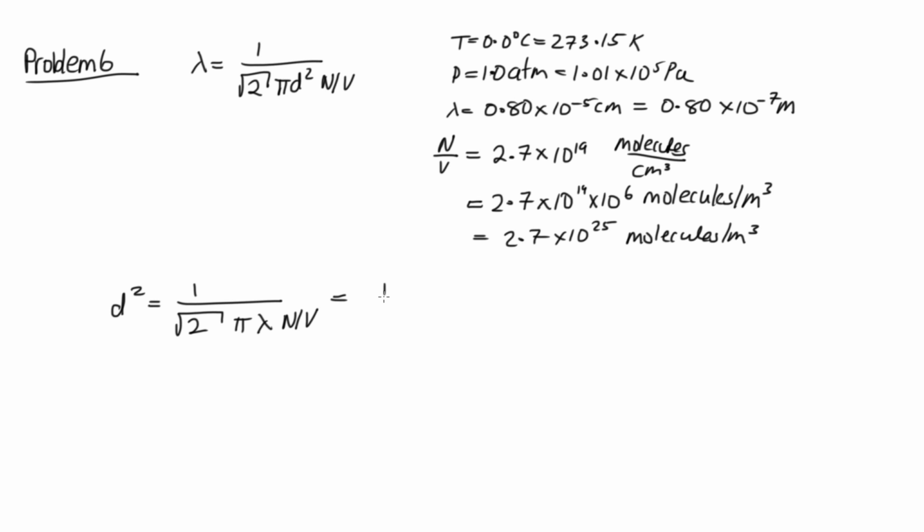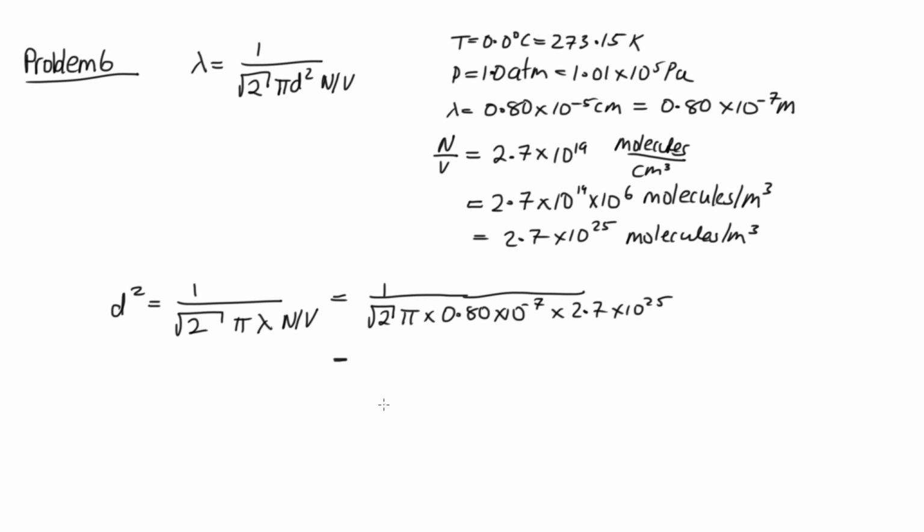So now we can just substitute in. So it's 1 on root 2 times pi times lambda, which is 0.80 times 10 to the minus 7, times N on V, which is 2.7 times 10 to the 25.